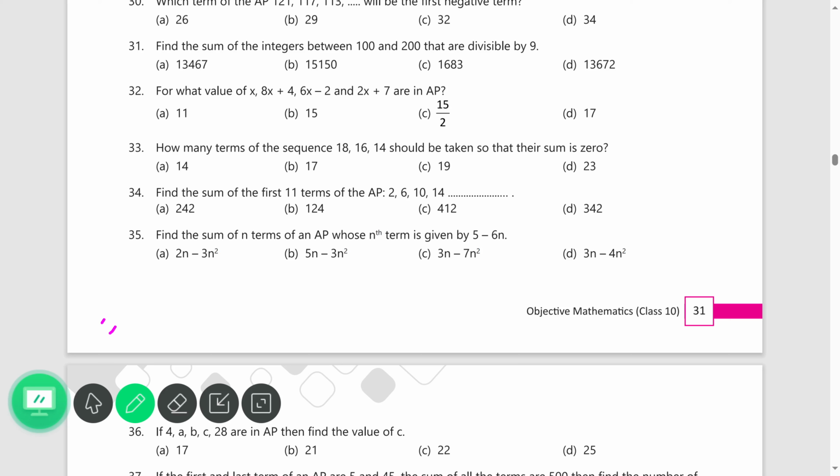So when you subtract the remainder 1, what am I getting? 99. 99 surely is divisible by 9. But they said between 100 and 200, so when we add one more 9, we get the next number. What is the next number? 108. So 108 is my first number.